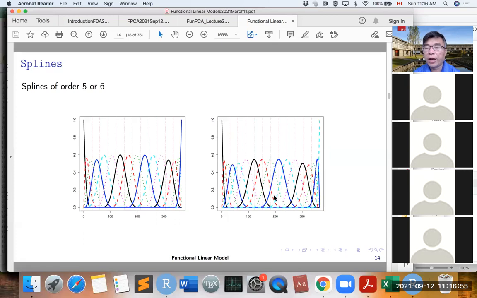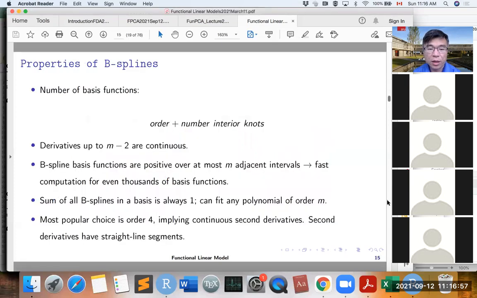We can also have higher order B-splines. The number of B-spline basis functions is equal to the order plus the number of interior knots. So if we know the order of the B-splines and the number of interior knots, we know the number of basis functions.